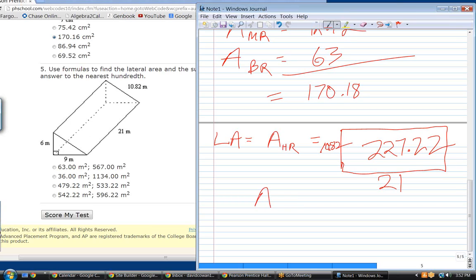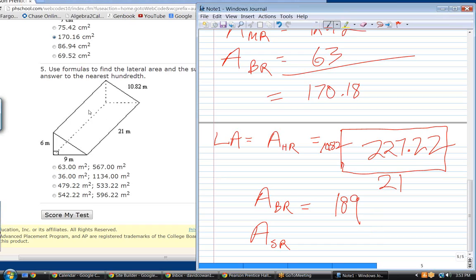There is the area of the base rectangle, and the area of the side rectangle. So what are the dimensions on the base rectangle, this bottom one, denoted by the dotted line as its other edge? 9 and 21. What's that area? 189.